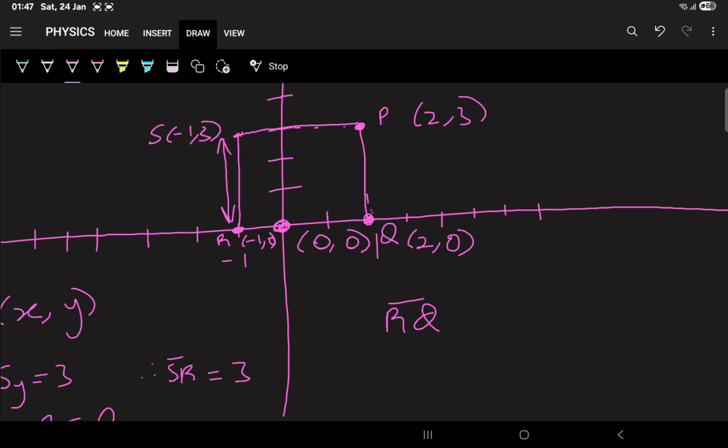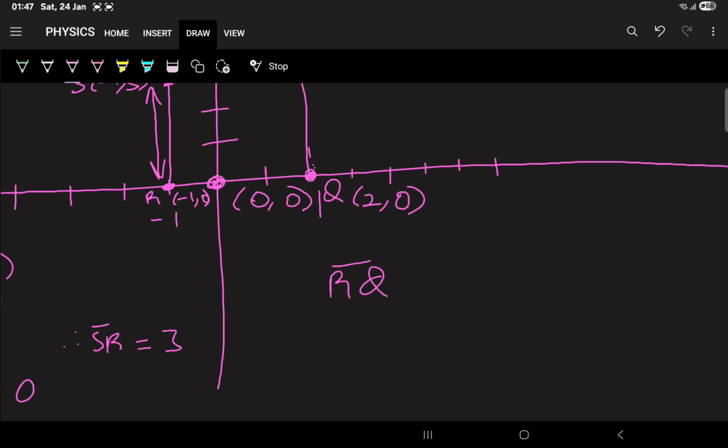Now let's find the length RQ. Now R and Q are on the x-axis, and the x-axis is situated in the brackets here. Now Rx is given as -1 and Qx is given as 2.